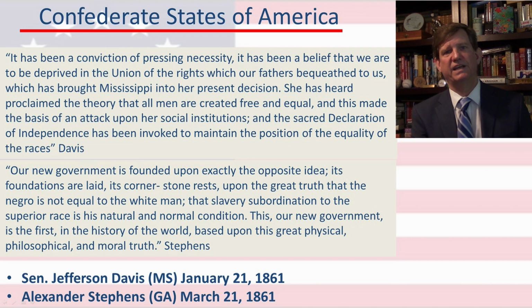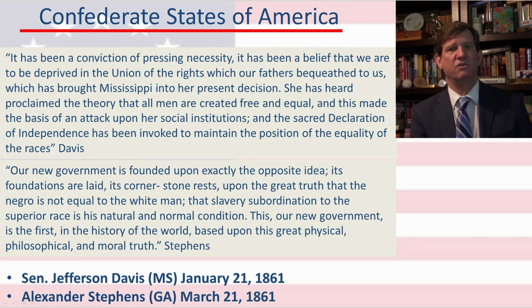Alexander Stephens did not hide his racism. In fact, he was very proud of his racism, that racism would be the cornerstone of the Confederacy. The cornerstone is the key to building any physical structure. It's the stone that's laid first.